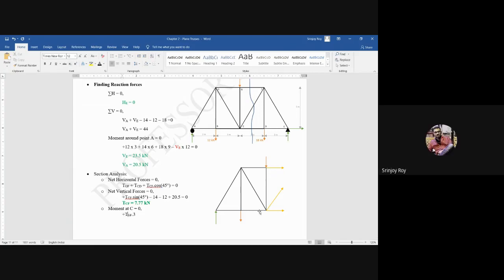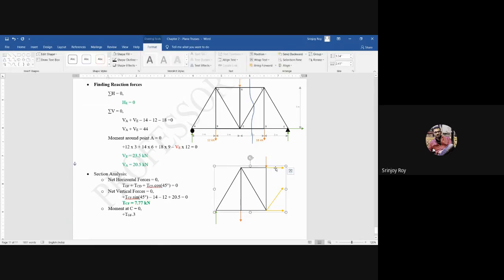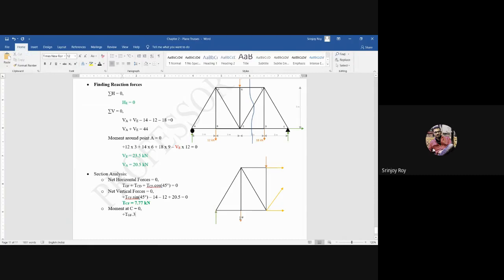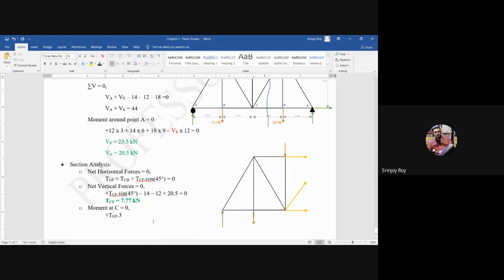Next, ye wala force ke liye I have considered. Any other force? Ye jo vertically downward force hai, neeche ki taraf, yes or no? Ye kitna tha?